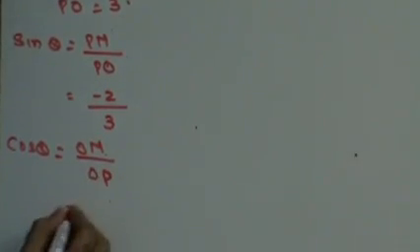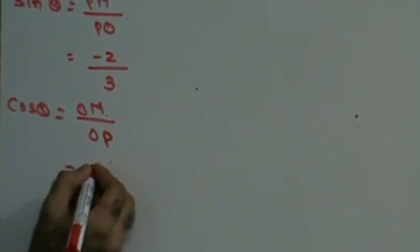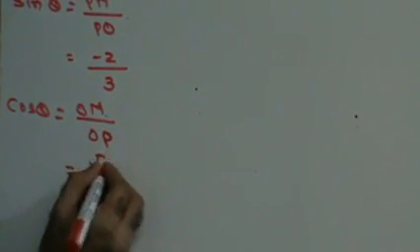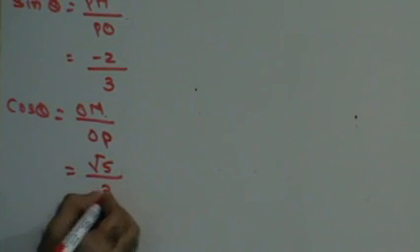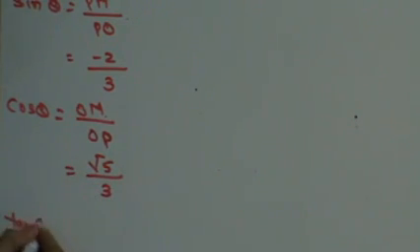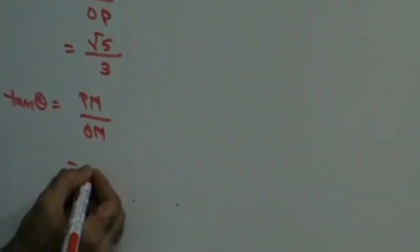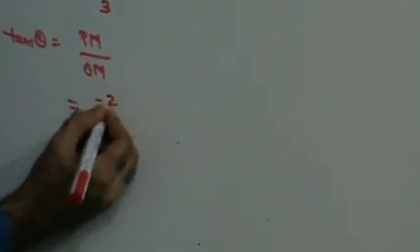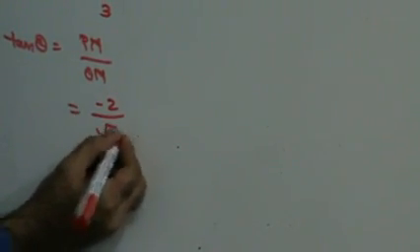OM is root 5 upon OP, that is 3. Tan theta is opposite upon adjacent, that is OM. Opposite is PM, which we have stated as minus 2, upon root 5.